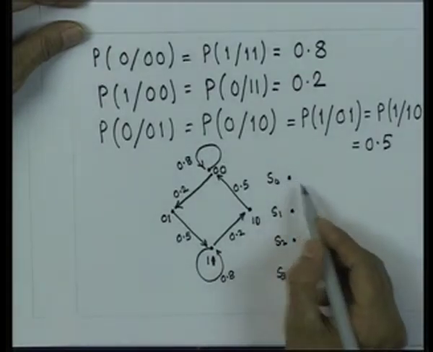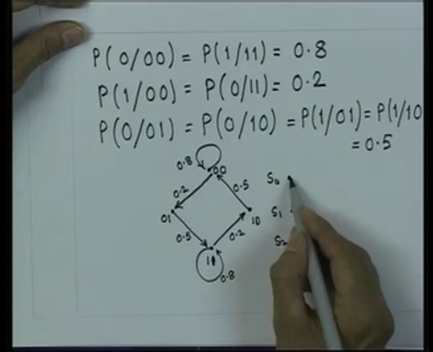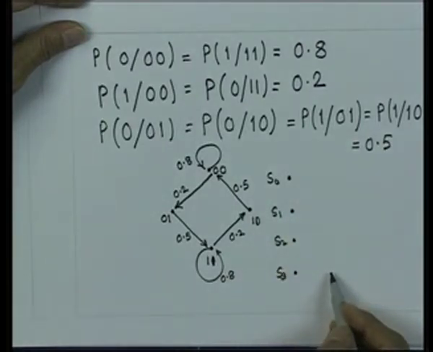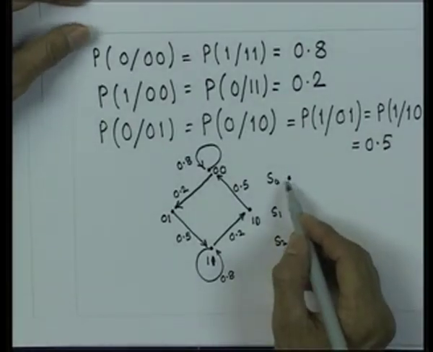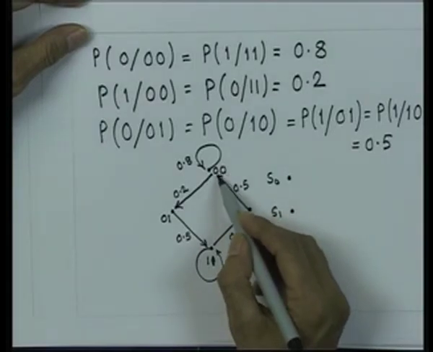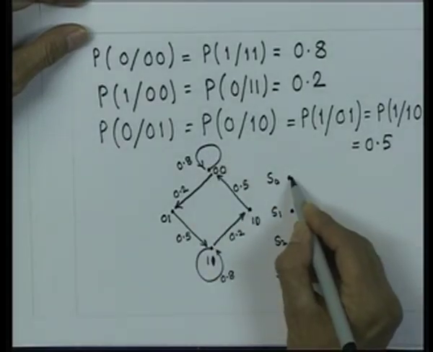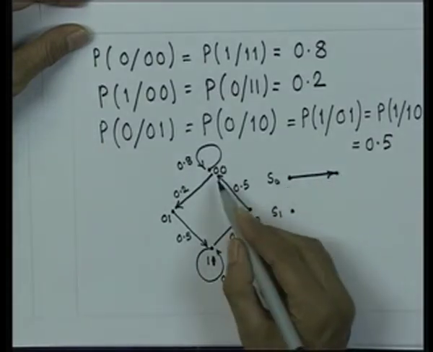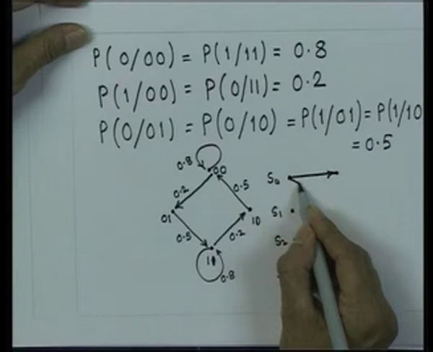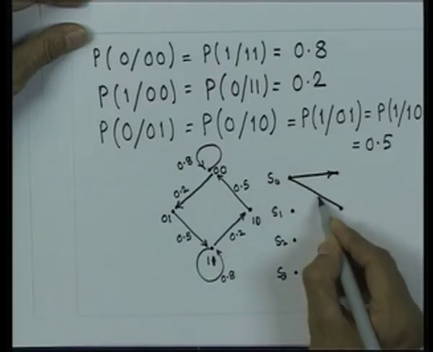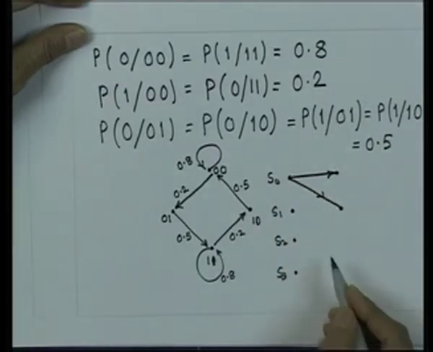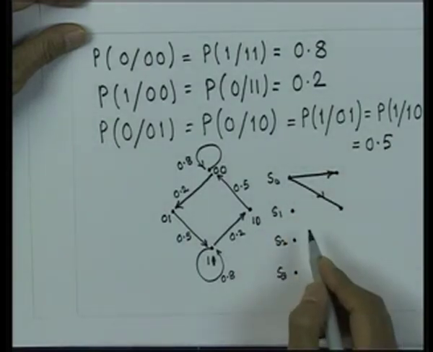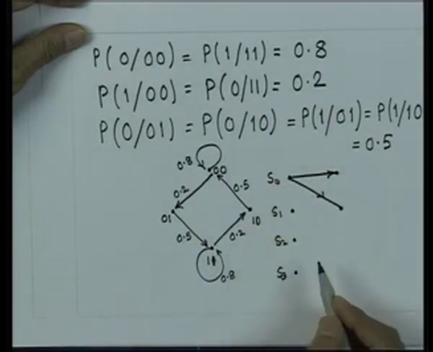And now you look at the next instant of time, where you can have again 4 states. So, S0 can go to S0, or S0 can go to S1. These are 2 branches which take off from S0.